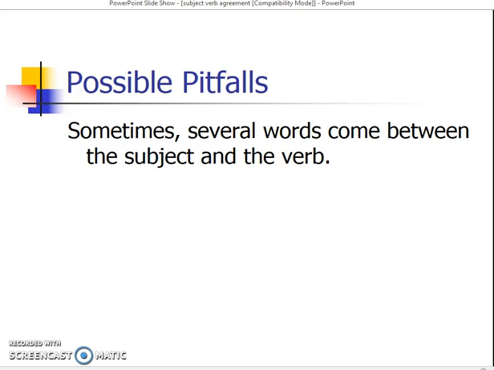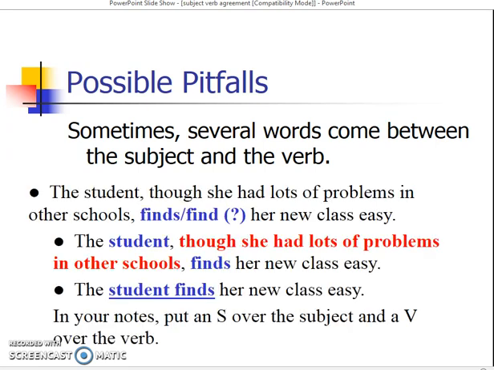Some other possible pitfalls. Sometimes you will have several words come between the subject and the verb. For example, the student, though she had lots of problems in other schools, finds or find her new class easy? Well, if we find the actual subject, it is student. The student finds her new class easy.